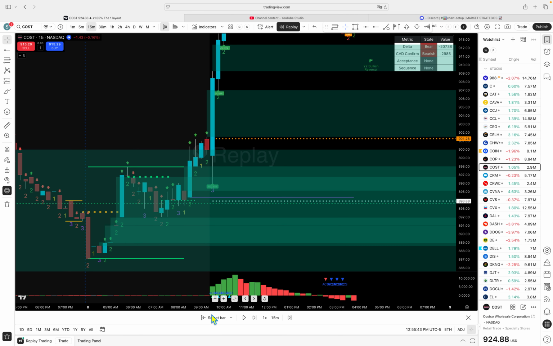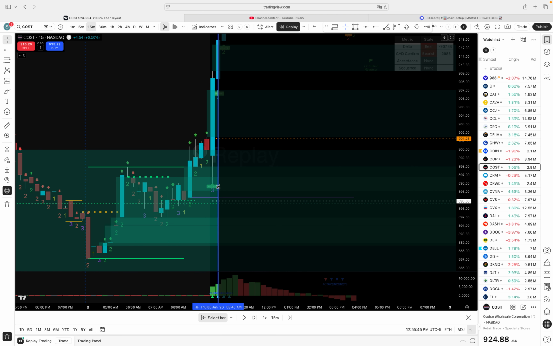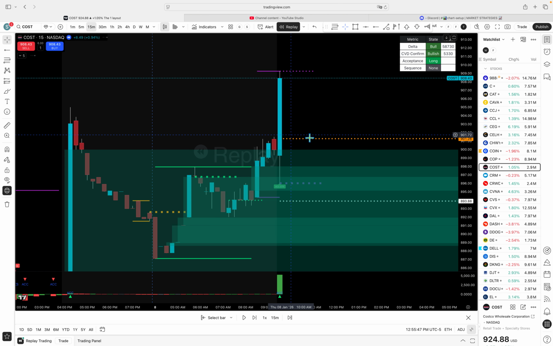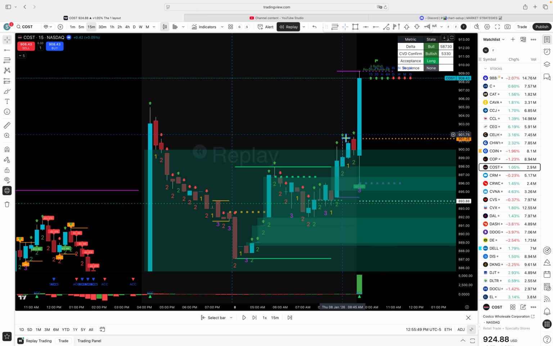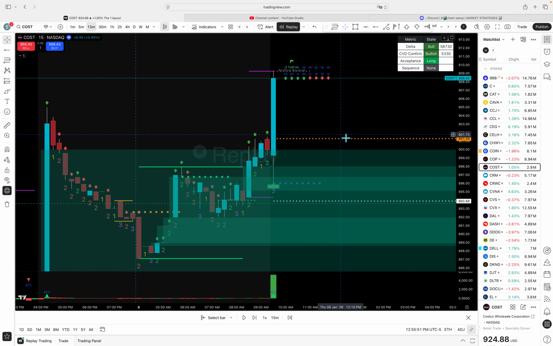So if we go into replay mode, right, what we'll see on this candle, by using everything that we have from our auction market theory tools, you will see that our CVD was confirmed bullish. Price was in acceptance and the delta was at 58,730, right?